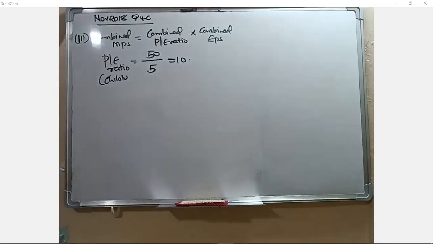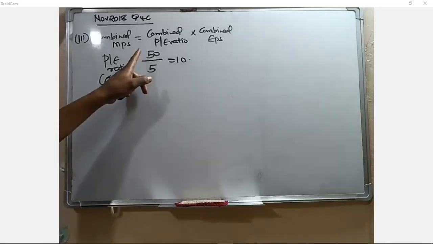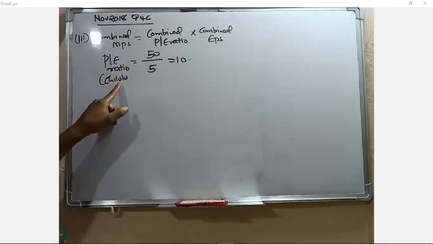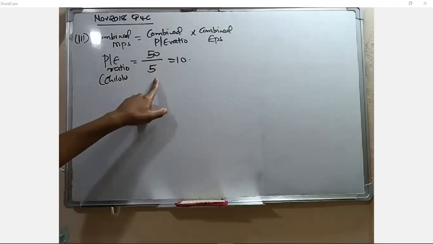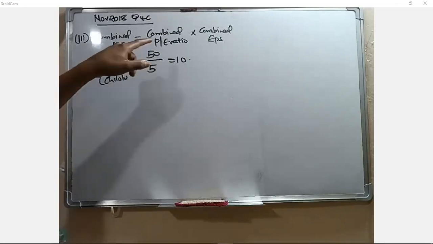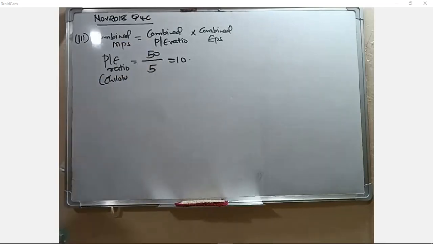That is your PE ratio, which should be the combined one. You know the 50 is the market price per share for Chilulu, and the 5 we computed under part 1 as the earning per share for Chilulu. So for the combined PE ratio, we use that of Chilulu.